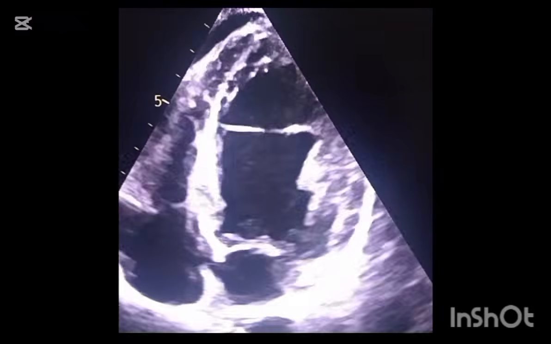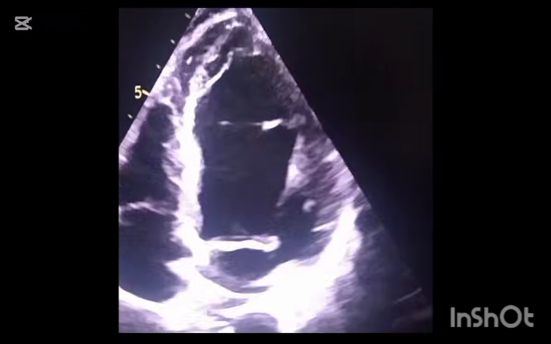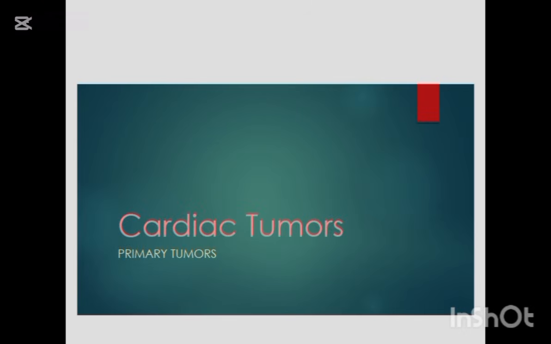This is a normal variant of the LV. As we discussed, all these normal variant structures of the heart are often confused with abnormal pathology. Now we will go to the primary tumors.